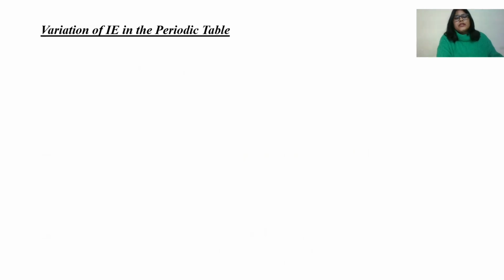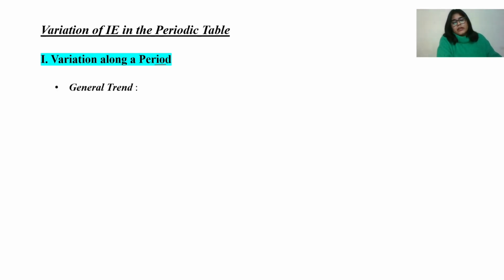So let's see the variation of ionization enthalpy in a period. So we will start with periods. All right, so what could be the general trend? As we move from left to right, what happens? Two things.